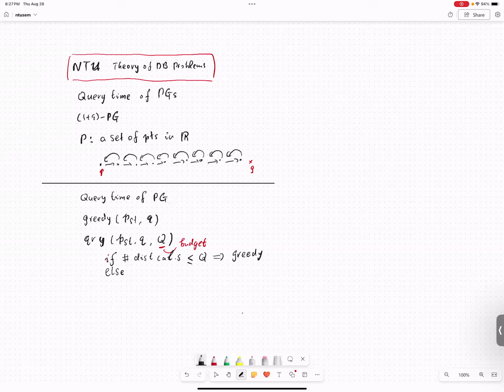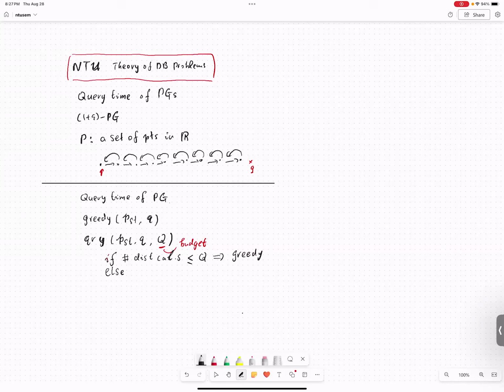In order to prove this theorem, the approach we're going to take is the following. The real goal is to prove that this ANN finds an acceptable, returnable point after log delta hops.